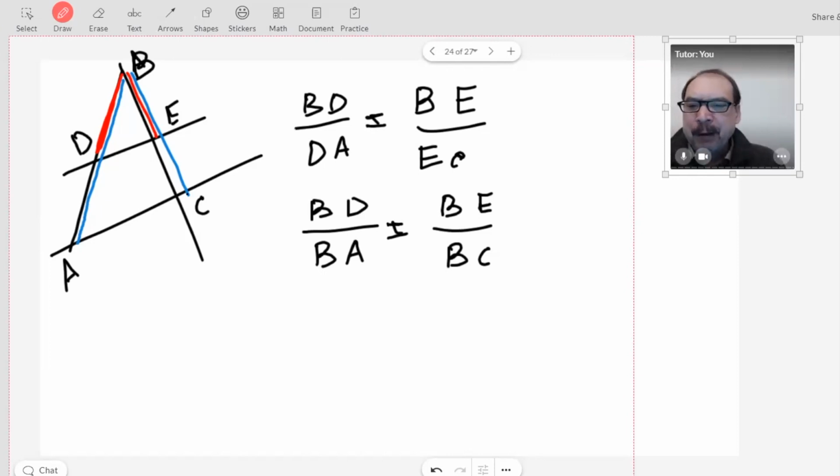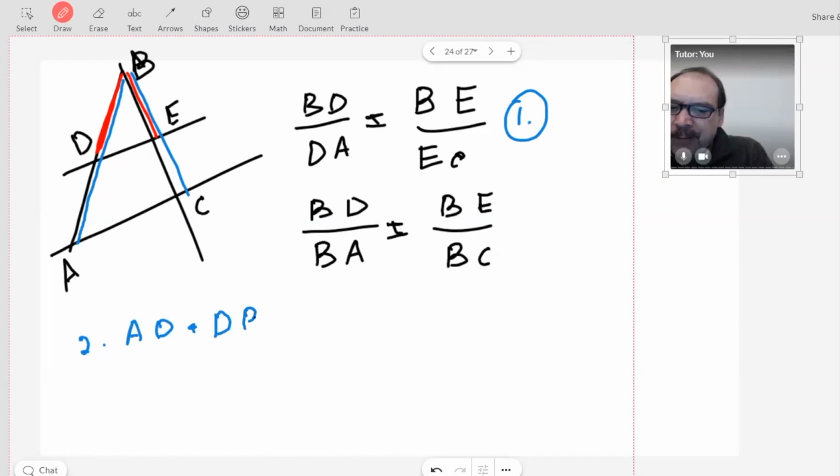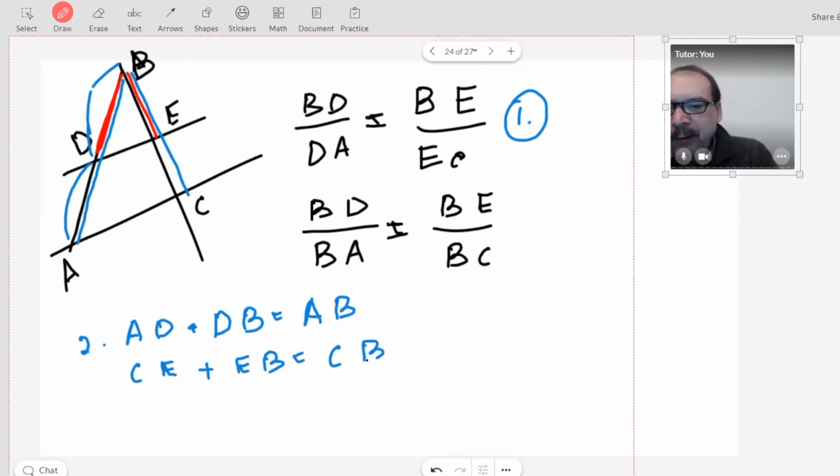And this actually is not a complicated exercise, because from the picture, I can write that AD plus DB equals AB. One side plus another short side gives me a long side, and I can write CE plus EB equals CB. Again, on the other side, this plus this equals that.